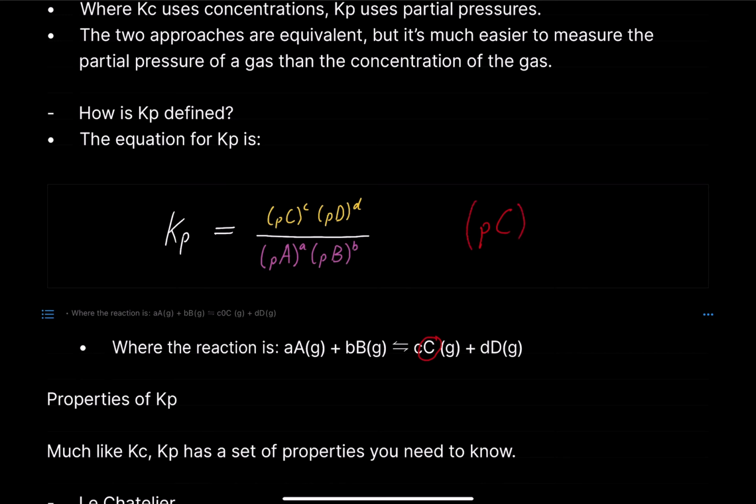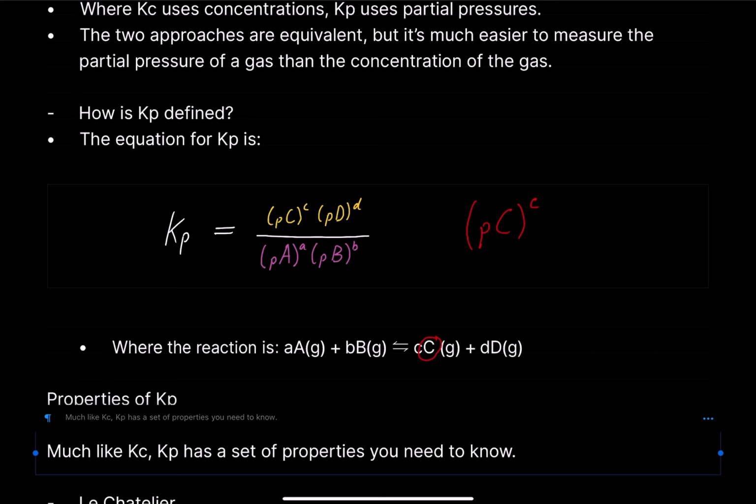But remember, when we're doing equilibrium constants, the molar ratio, which is represented by the lowercase c here, represents the power in this case. That will be represented as a power. So if you have 2 moles of C, it will be partial pressure of C squared. You should understand that basic concept from when you did the equilibrium constant of concentration, or the Kc. Same principle here, but we're just not using concentration, we're using partial pressure.